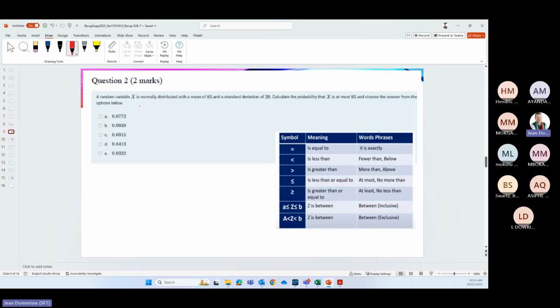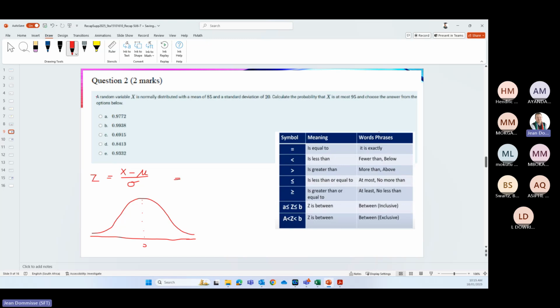Okay, so let's look at now going into a bit more detail, where we will need to work out with the Z formula what Z is, and then we will need to look at the Z tables and identify it on the Z table so that we can get to the right answer.